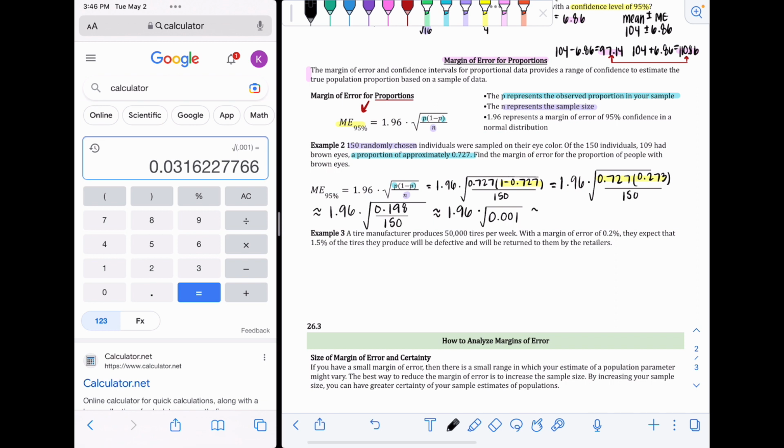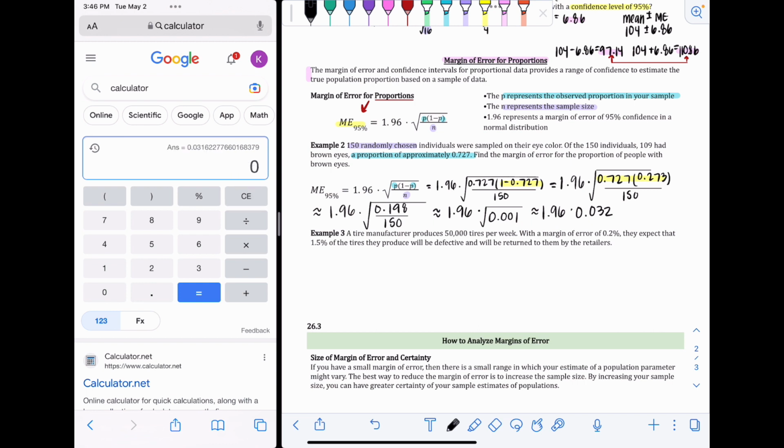So this will end up being approximately 1.96 times 0.032. When you want to round to 3 decimal places, you look at the 4th spot, and since the 4th spot is a 6, which is 5 or more, it rounds the 3rd spot up to the next number, so from a 1 to a 2.